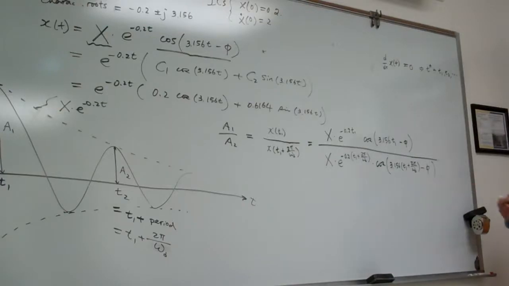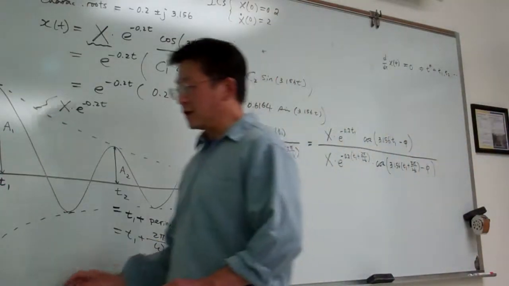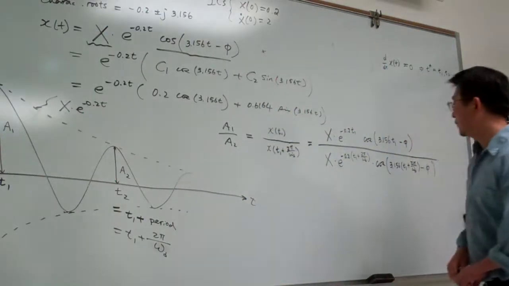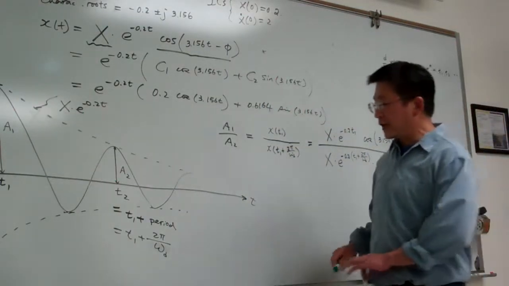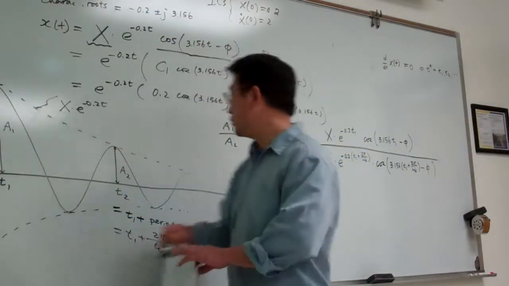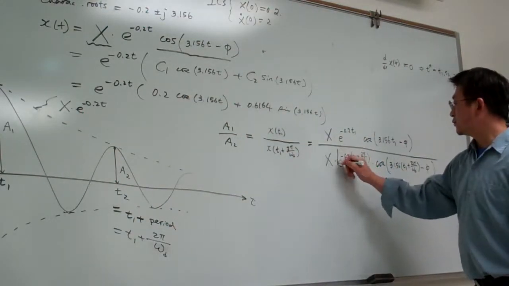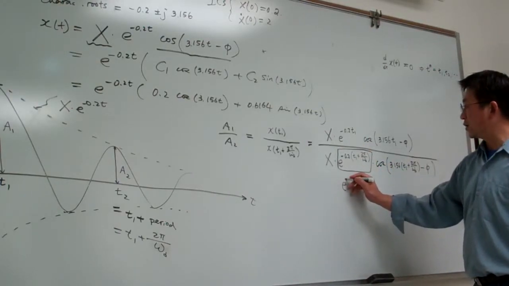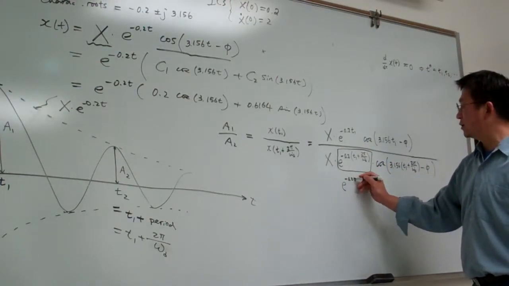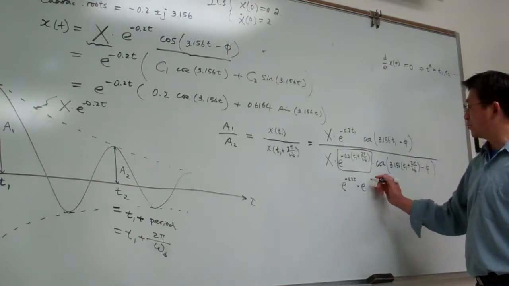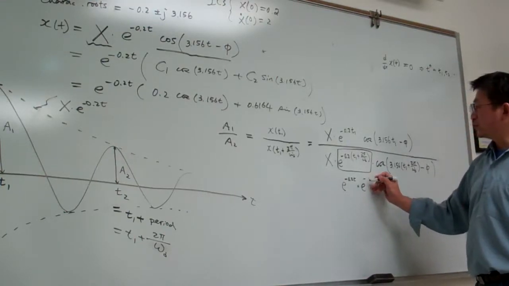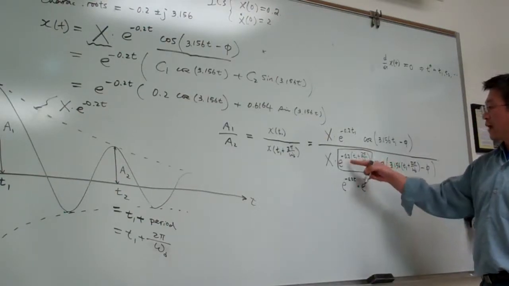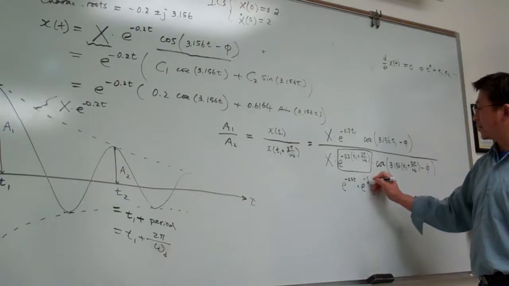And now from here we can do the cancellations of some common terms. But before doing that, let me do a little bit more. These terms we can expand. Basically this term is exponent minus 0.2t multiplied with exponent minus 0.2t, and going back, 0.2 is our zeta omega n.